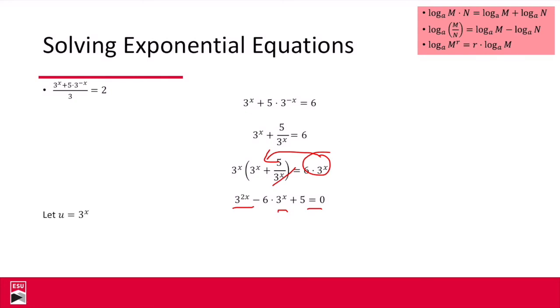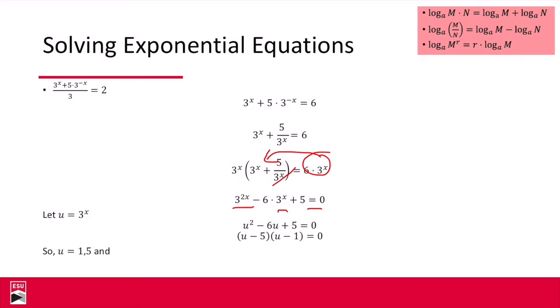So if you let u equals 3 to the x, we get u squared minus 6u plus 5 equals 0. Now this factors into u minus 5, u minus 1, because negative 5 times negative 1 is positive 5. But negative 5 plus negative 1 is negative 6. And that means that u is 1 and 5.